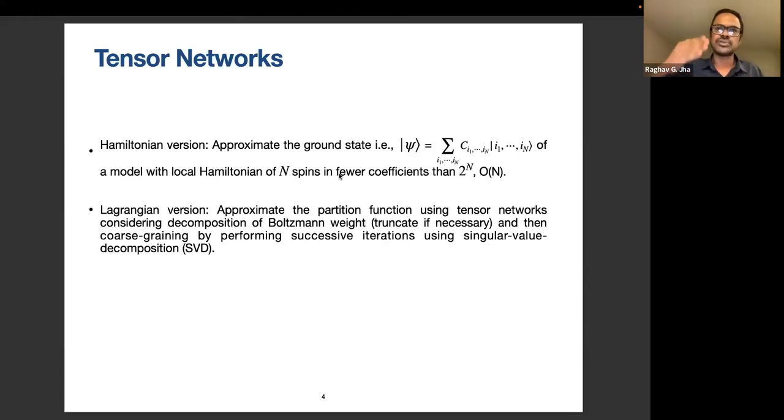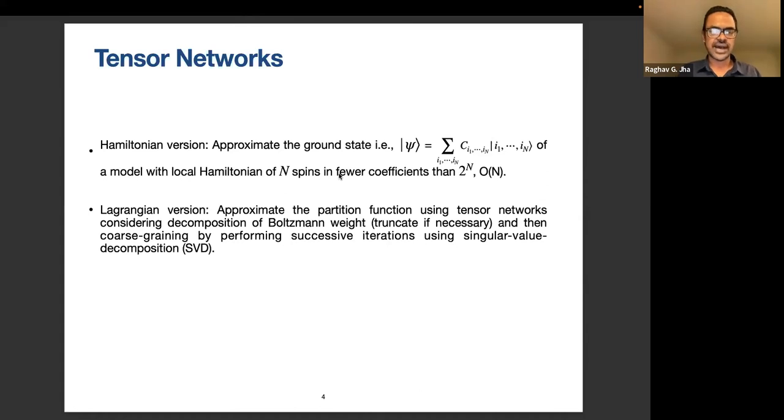And then you perform some sort of a recursive coarse graining scheme based on the singular value decomposition of matrices. Then you generate the fixed point in the thermodynamic limit, and you can study the system. One of the advantages is that you have direct access to the partition function. So that is the Lagrangian approach.